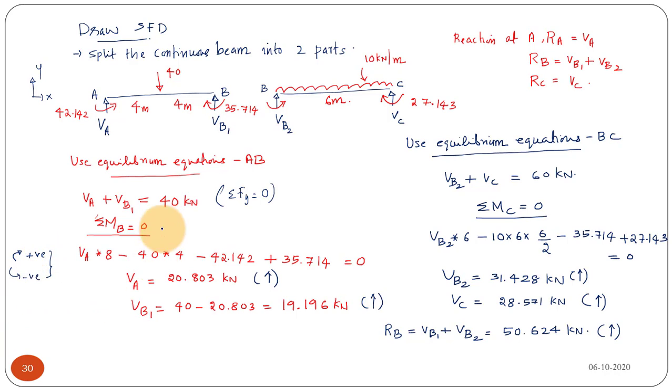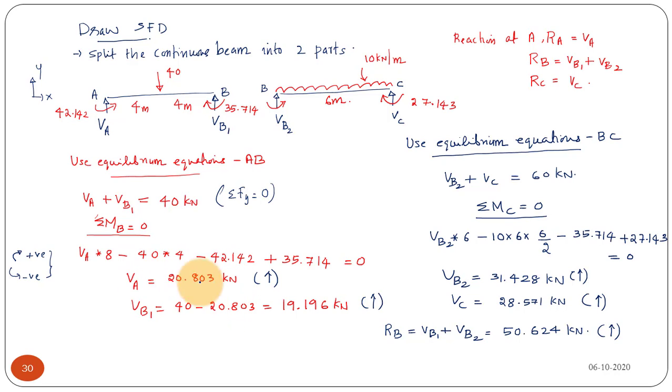According to this sign convention, VA into 8 minus 40 into 4, anti-clockwise, minus 42.142, anticlockwise so negative, plus 35.714 clockwise, equal to 0. Once you solve this simple equation, you get VA equal to 20.803 kilonewton.